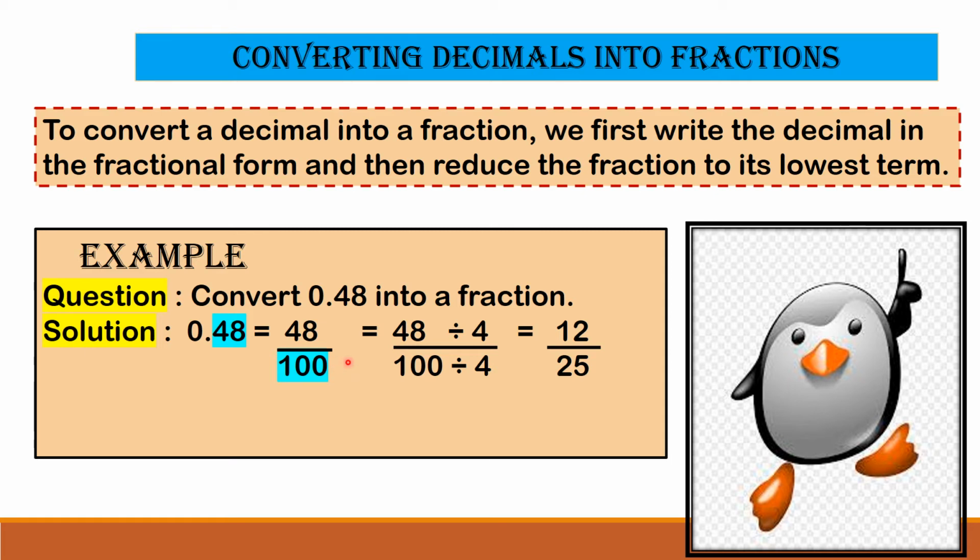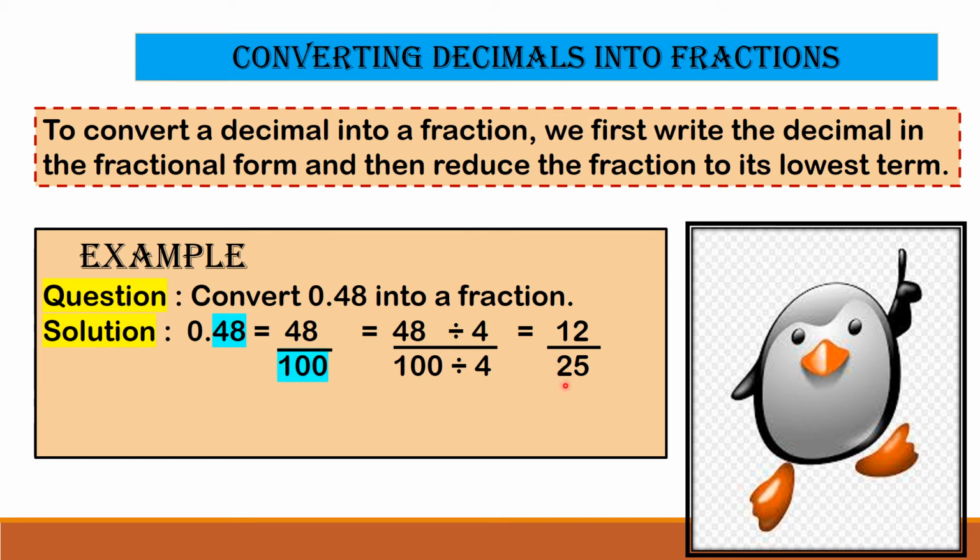If you divide 48 by 4, you get 12 because 12 fours are 48. And if you divide 100 by 4, you get 25. You can see 25 fours are 100, and you can also divide and see. So on reducing to lowest terms, 48 by 100 changes to 12 by 25.